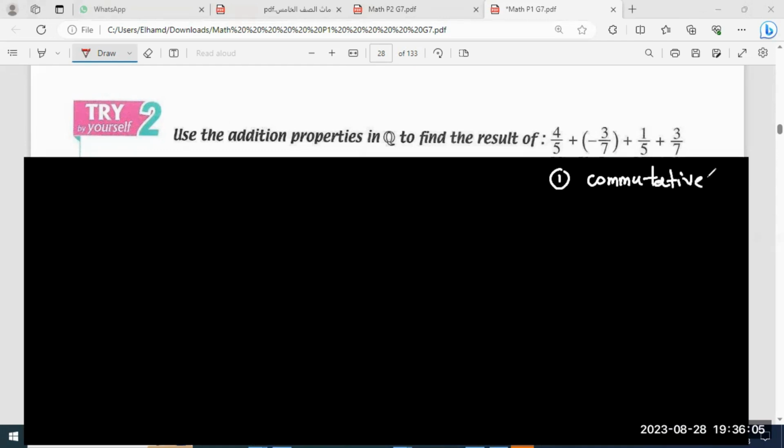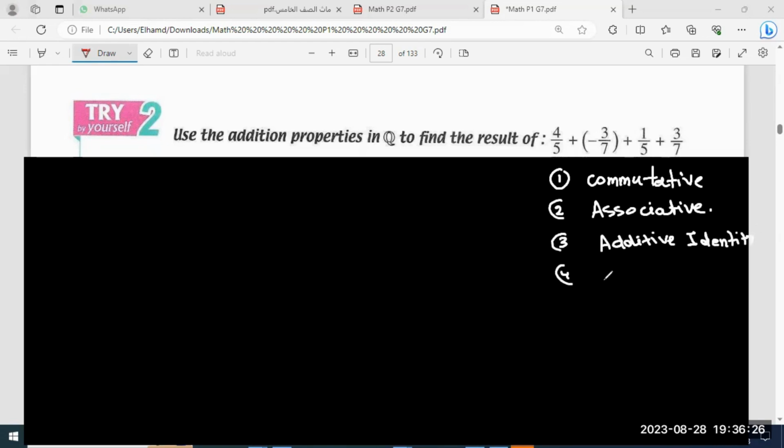Let me remind you of the properties all together. Number 1 is commutative. Number 2 is associative. Number 3 is additive identity, which is 0.